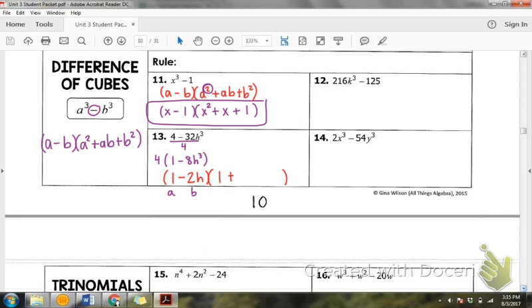So my a value times b value, 1 times 2h is what? 2h. And then what is going to be my b squared? Perfect. 4h squared, because that means 2h times 2h. Is this problem finished? No. You go to 4. Put the 4 in front. Pull the 4 down. Good.